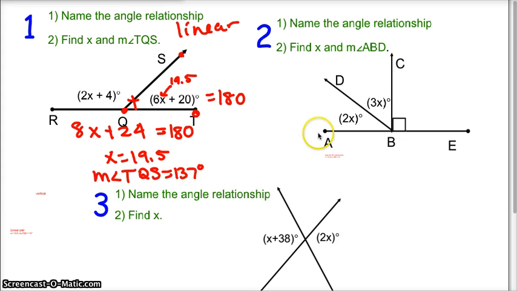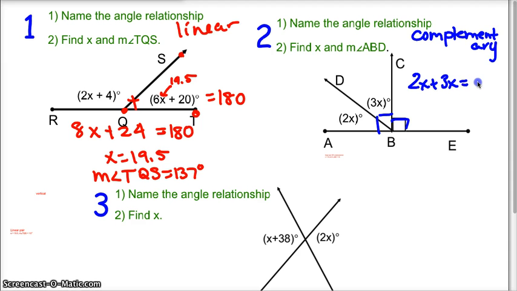For the next one, there's two different ways to look at it. I see that there's a 90-degree angle here, so that means this angle must also be 90. So I see angles that are complementary, which means they add up to 90 degrees. So I'm going to do 2x plus 3x equals 90, which gives me 5x equals 90, which gives me that x is 18.